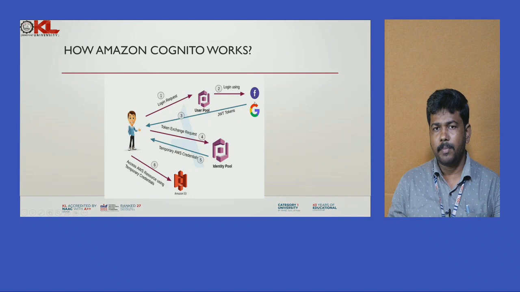The third party provider gives a JSON web token back to the user. Now the user requests the identity pool by exchanging the token. Finally, the identity pool provides temporary credentials to the user. With that temporary credential, the person can access S3. So this is how Cognito works.